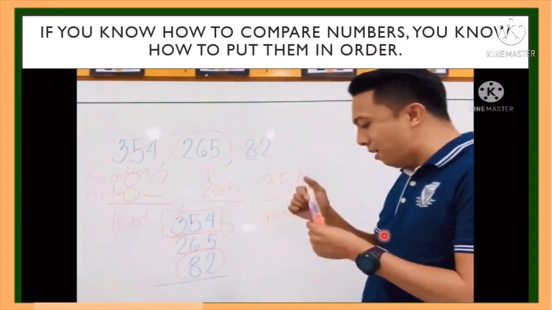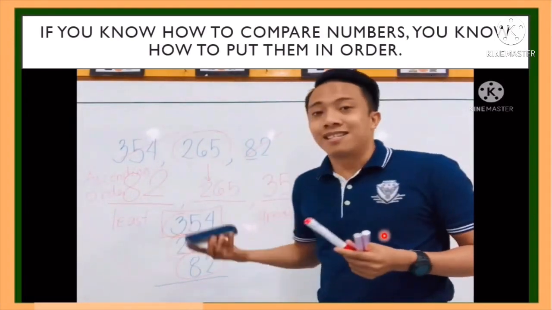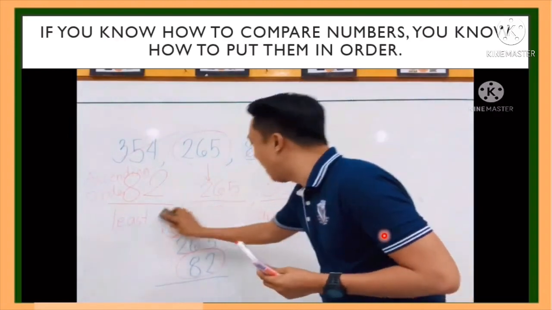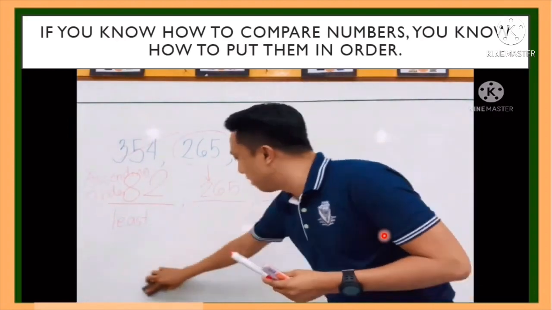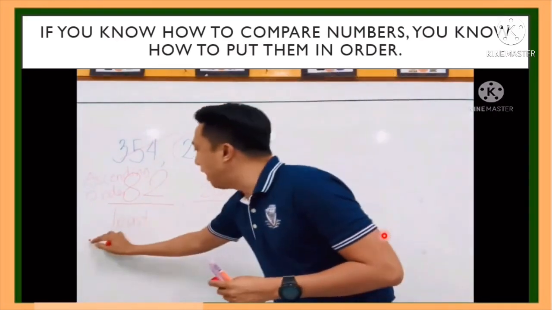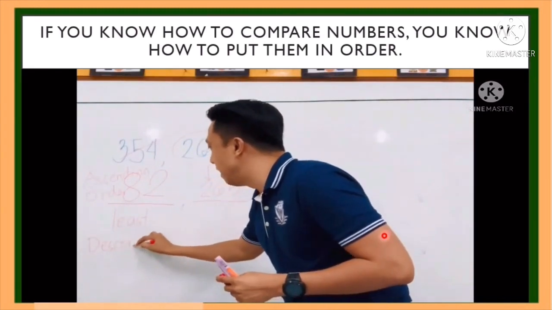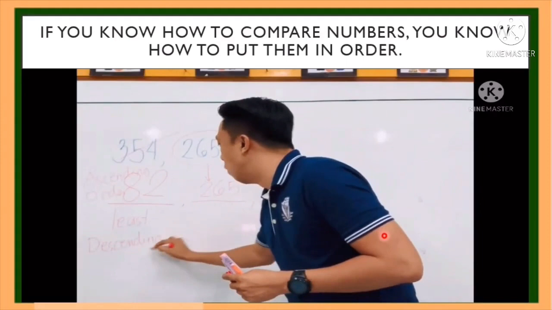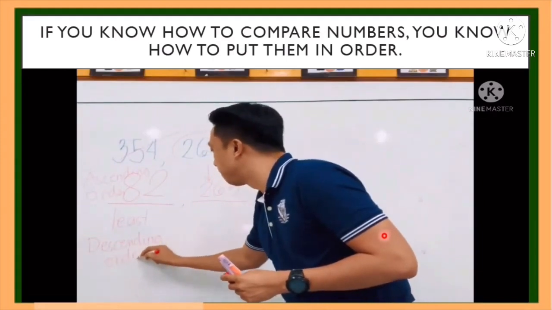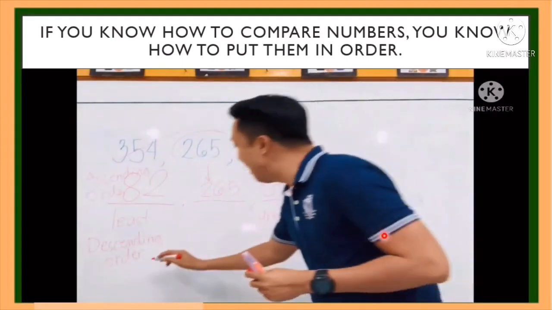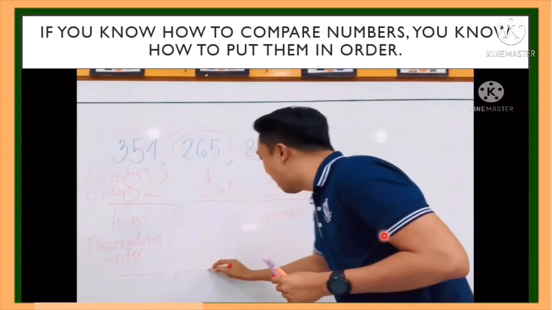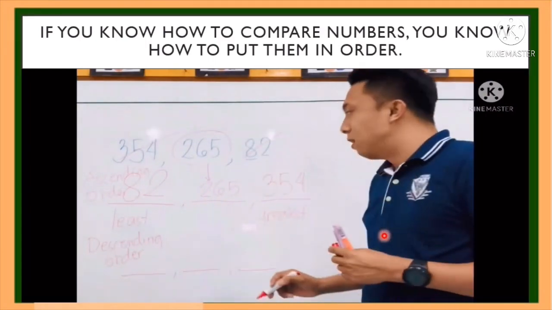Now, how about its descending order? Okay, I will erase this and I will put here descending order. Okay, and then I will put 3 lines again.